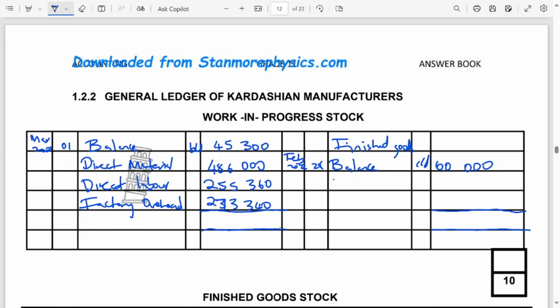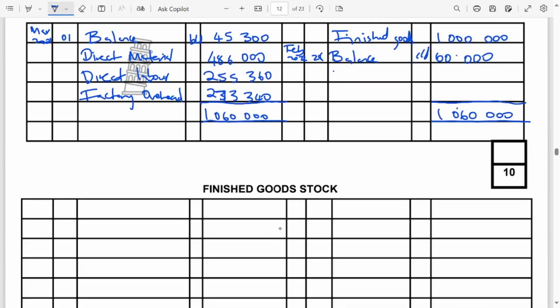We can see that the debit side is big, but let's see how much it is. It is 1,060,000. So 1,060,000 minus 60,000 is going to be 1 million. So meaning that 1 million was sent to the finished goods.